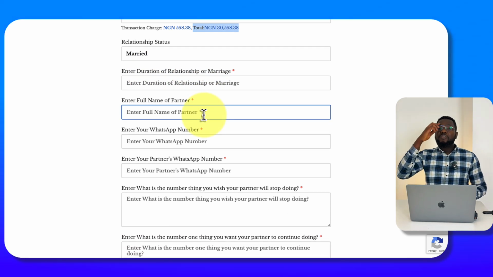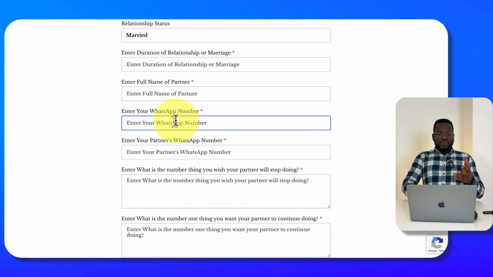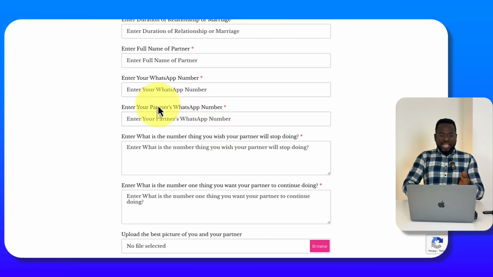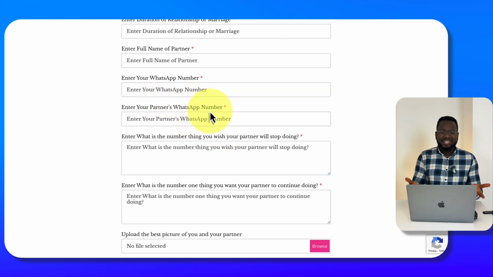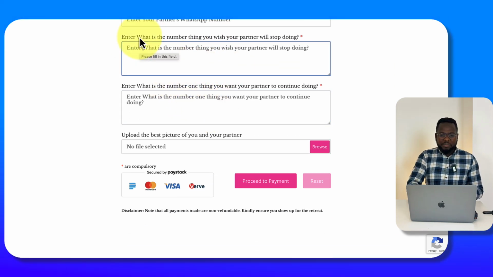Okay, then all of this: relationship status, enter the duration of marriage. Like me now, I'd have to think, okay, how long have I been married? Your WhatsApp line, enter your partner's details, why? All of these are marked with asterisks, which means they are compulsory.